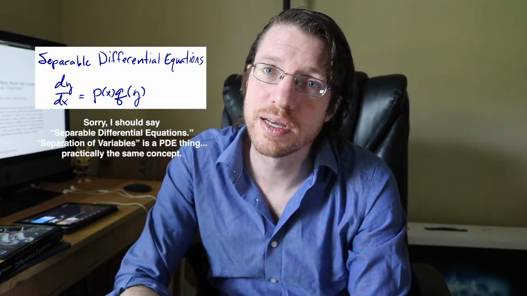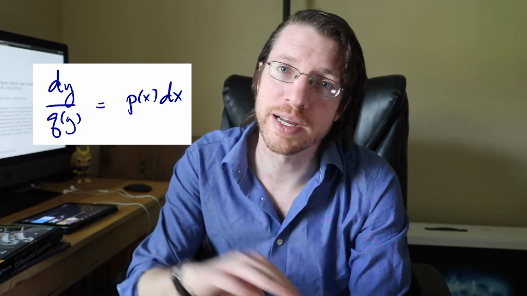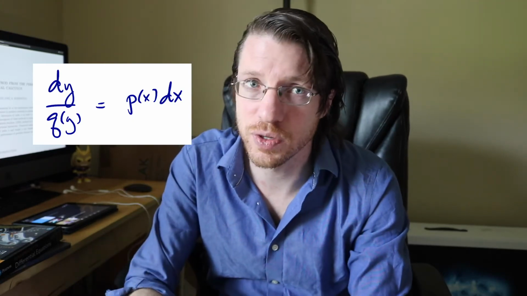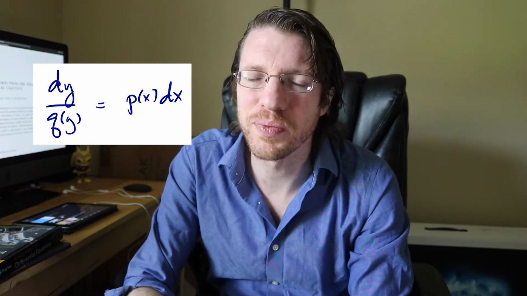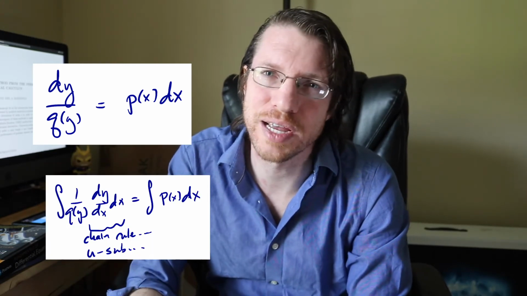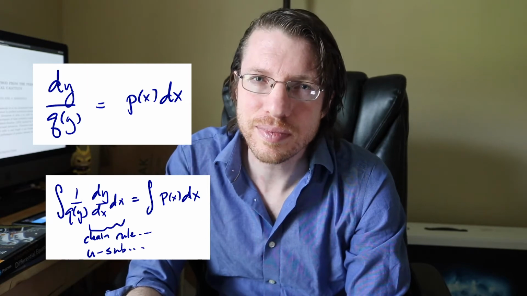And when you do this, you can just divide by the function of the dependent variable and multiply over by, say, dx, in sort of a heuristic way of talking about it. Really what we're invoking is the chain rule. And when you do this, you can just integrate both sides like you normally would.